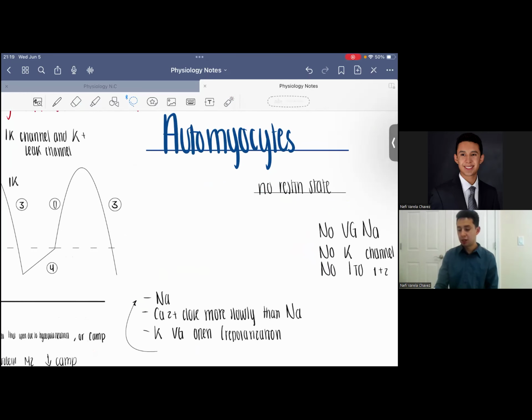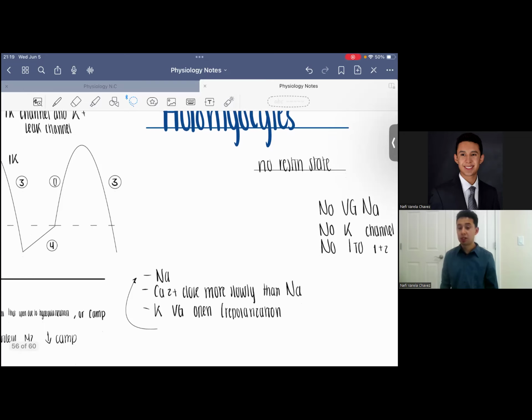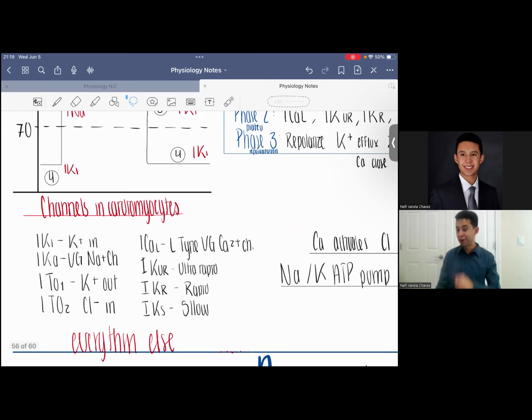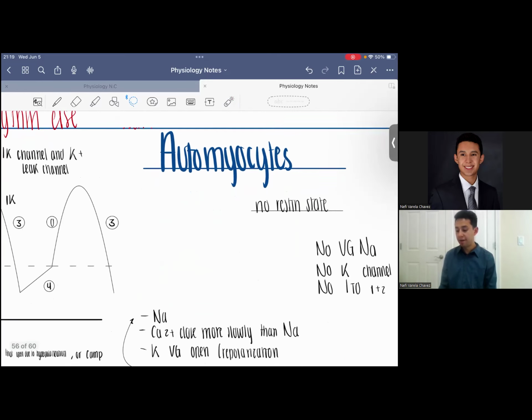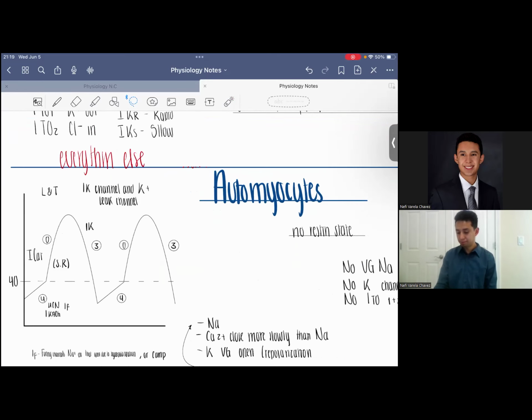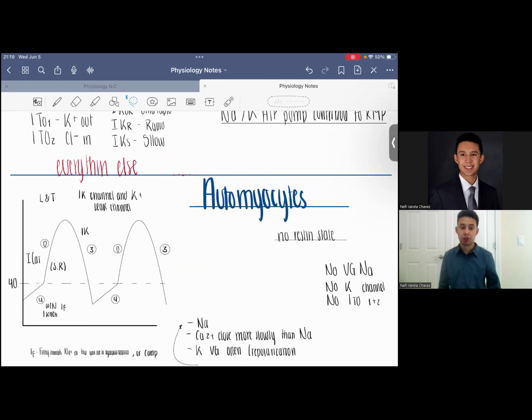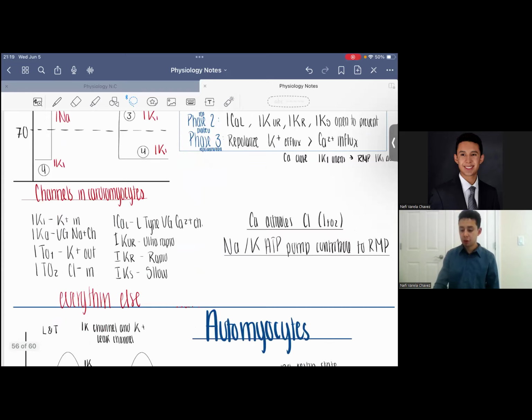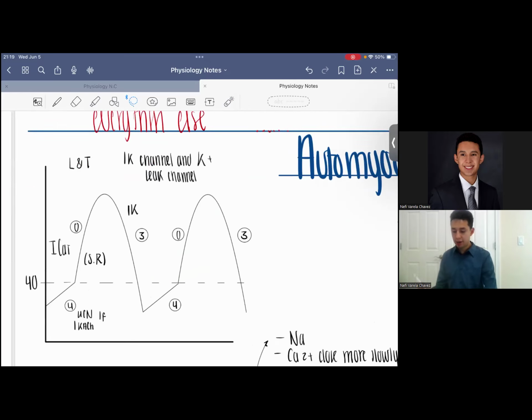Something worth mentioning, there are different types of channels. So we don't have this voltage gated sodium channel as we know. We have something cooler. We don't have the ITO channels, the chlorine and the potassium ITO channels that we saw in this phase. Okay, so let's start.